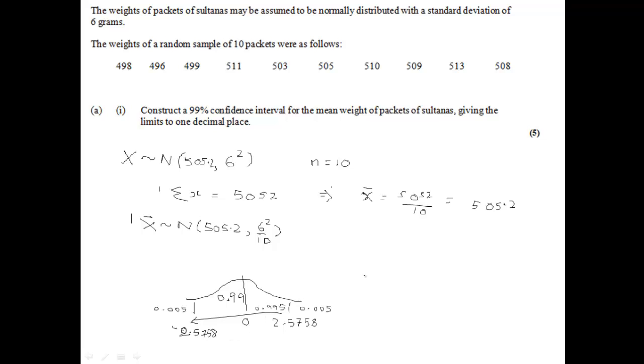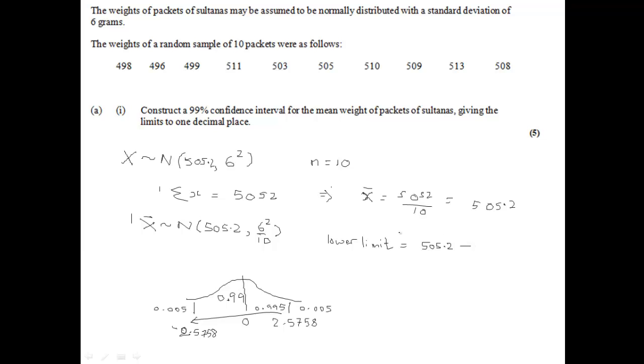Okay, do you remember your confidence interval formula? The formula for the confidence interval for the lower limit and for the upper limit. Well, for the lower limit, it's the mean, which in our case is 505.2, and then we subtract the standard error.